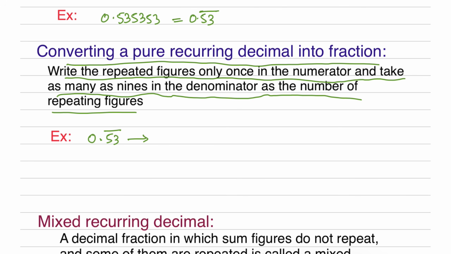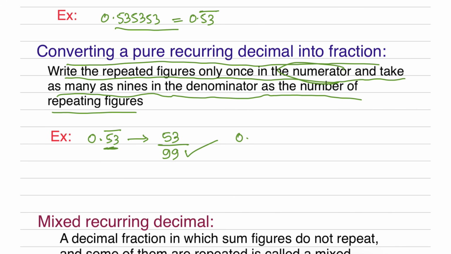First write the repeating figures in the numerator. So write 53 in the numerator and take as many 9s in the denominator as the number of repeating figures. See how many digits are repeating after the decimal point? 535353, like this it is repeating, means only 2 digits are repeating. So take 2 9s in the denominator. So this is the fraction form.